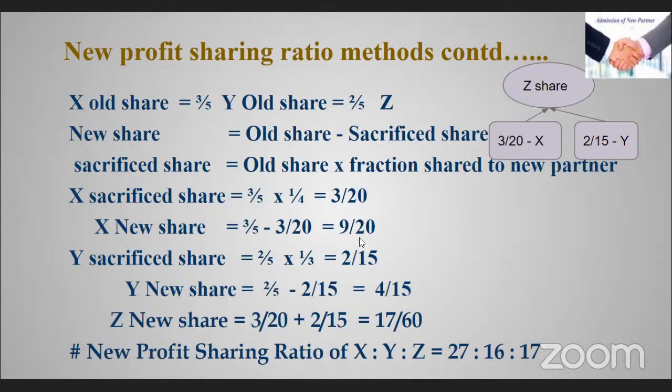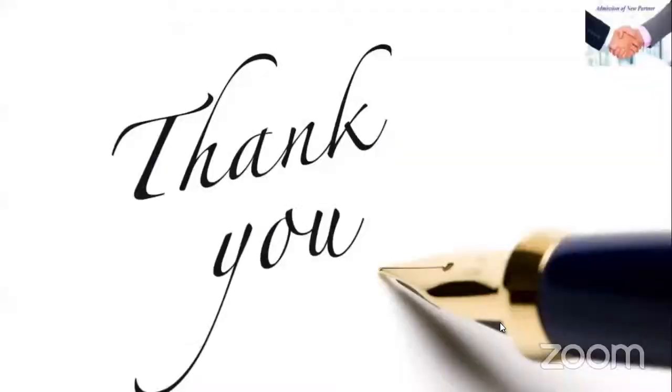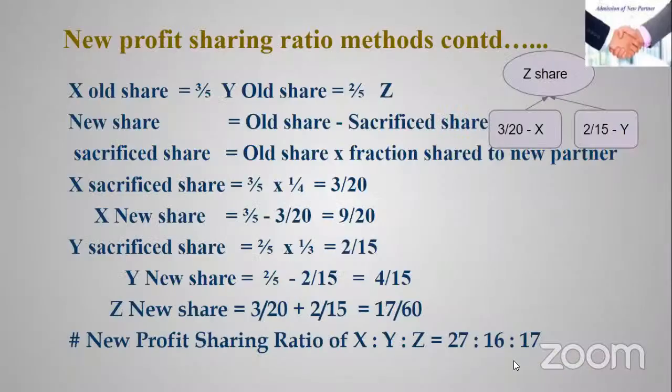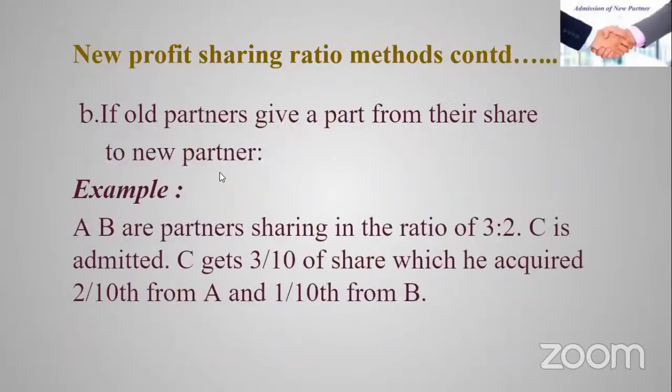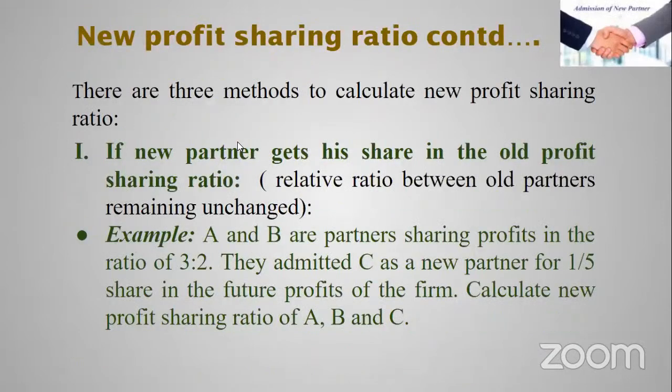Then, for each of them the denominators are different, so convert these denominators into equal fractions. After conversion, you will get the X, Y, Z share as 27 is to 16 is to 17. So this is the calculation of the new profit sharing ratio and the sacrificing ratio.